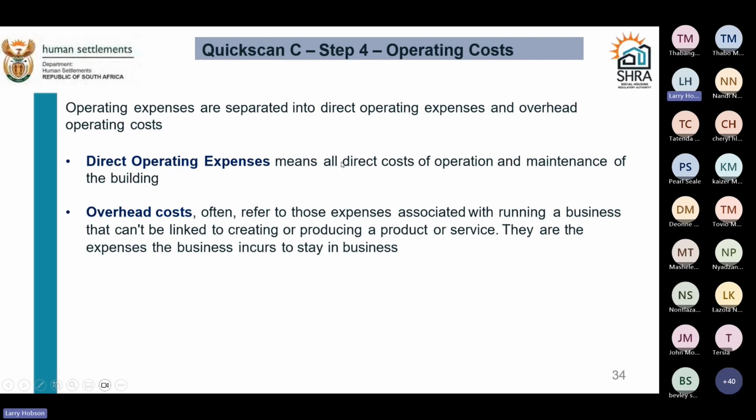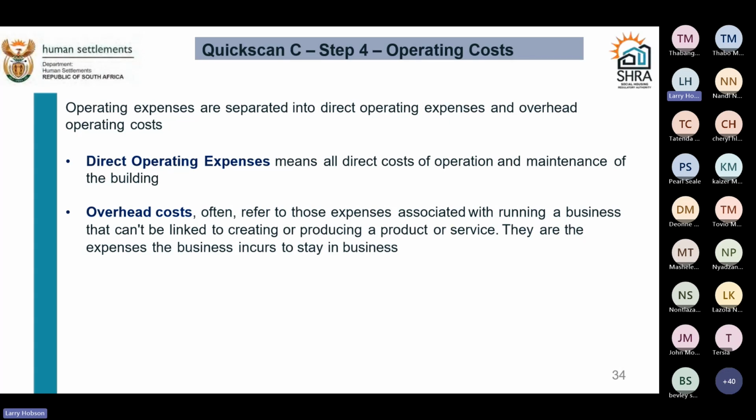So it's operational costs, security, caretaker, salary for the building, maintenance of the building, whether maintenance is done in-house or outsourced. You might have salaries of maintenance workers if you're doing it in-house, or you'll have outsourced maintenance costs. Those are your direct operating expenses.